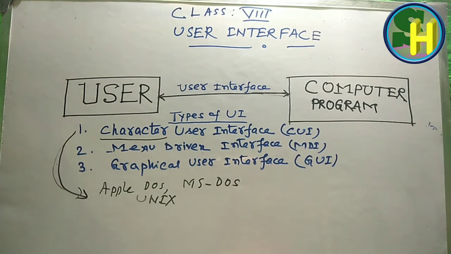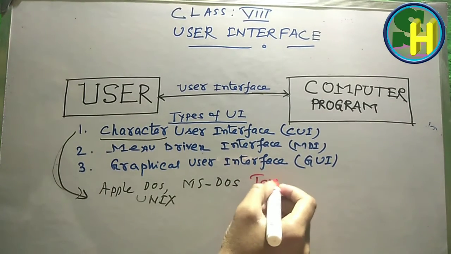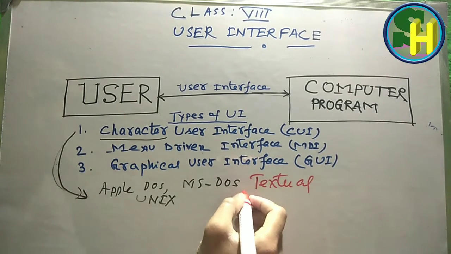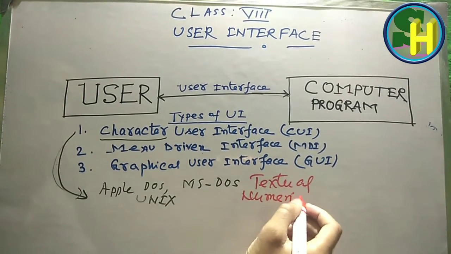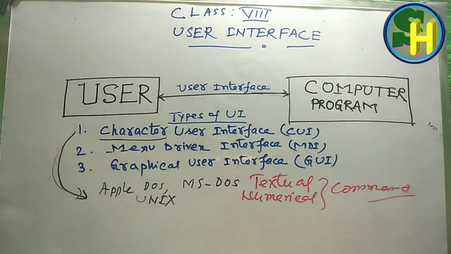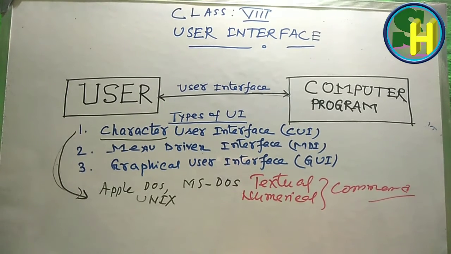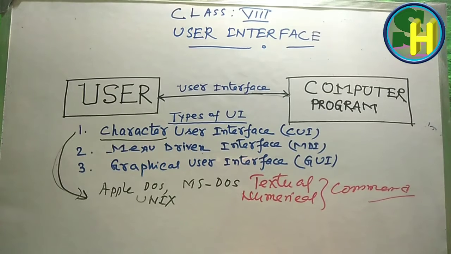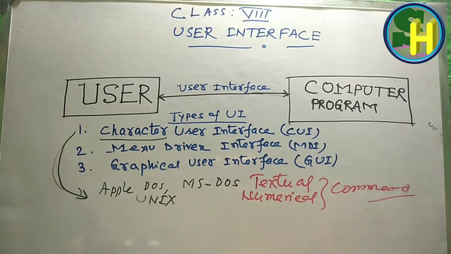So in the character based interface, you have to give commands. Which type of commands? Textual or numerical commands. Suppose you want to see movies, pictures, or audio files, you cannot use a pointer device like a mouse.